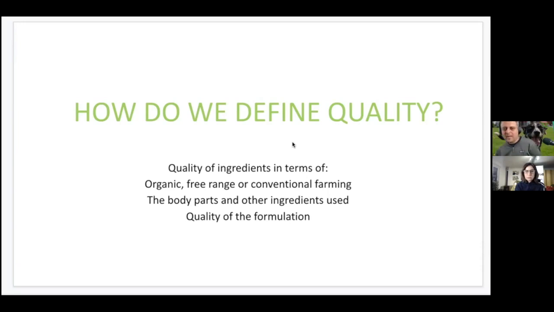So, okay. One term for quality is organic, free range, or conventional. The second one is the body parts and other ingredients used, as we talked about before. Organic carrots can mean the beautiful orange carrots, or the thrown away half molded carrots, or the ones that nobody wants to buy. They can all be organic. But the difference in quality is huge.